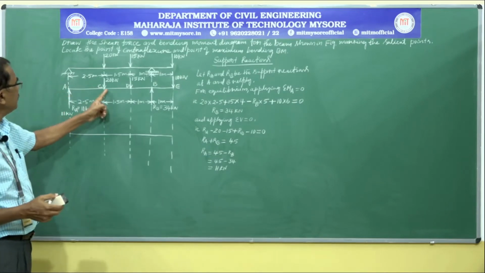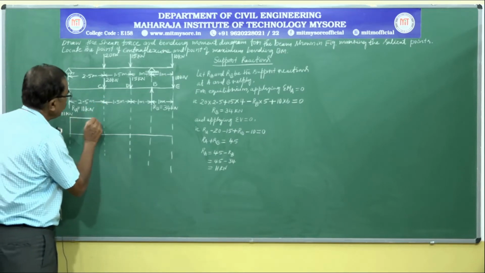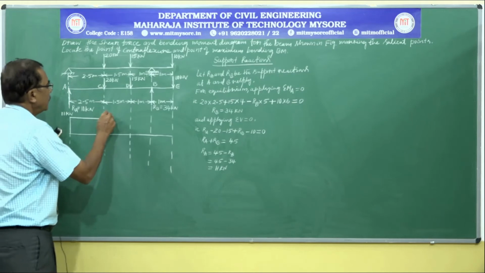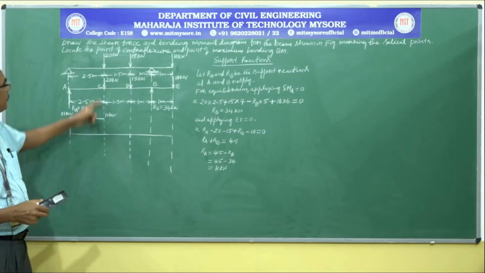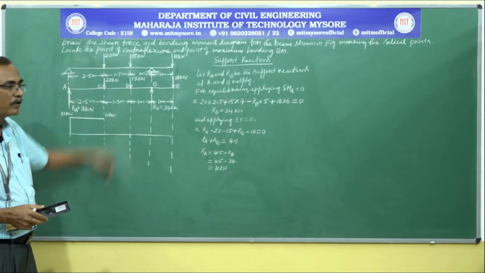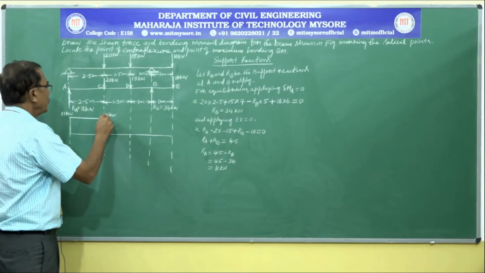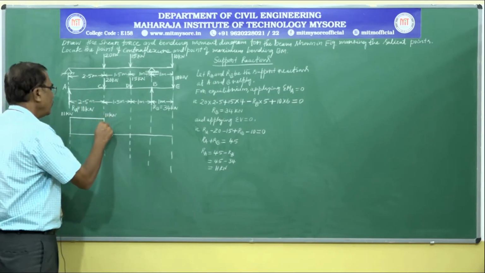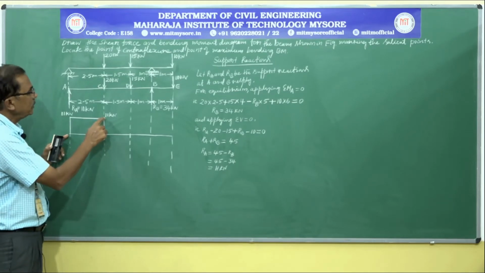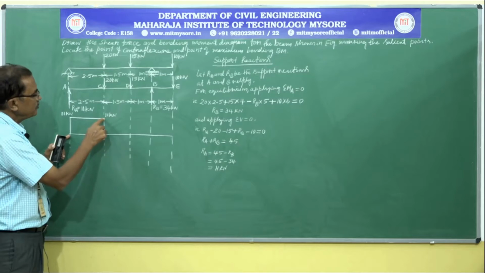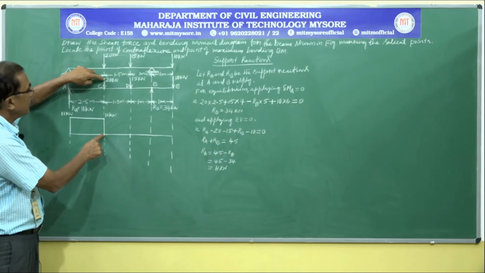For no loading condition between A and C, the variation of the shear force diagram is a horizontal line. Mark again here 11 kilonewton. At point C, there is a point load acting in the downward direction. Come down vertically by 20 kilonewton. From this point, above the reference line it is 11 kilonewton, but I have to move down by 20 kilonewton.